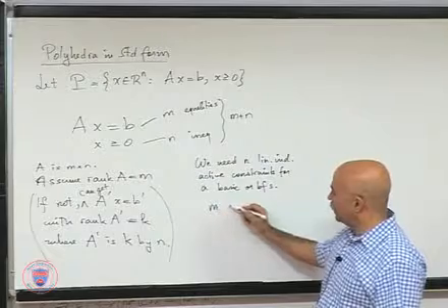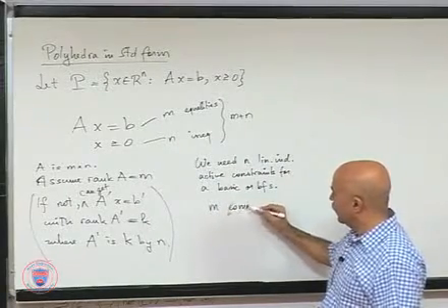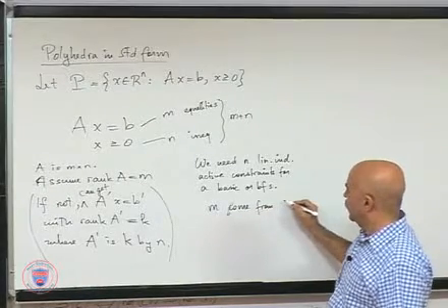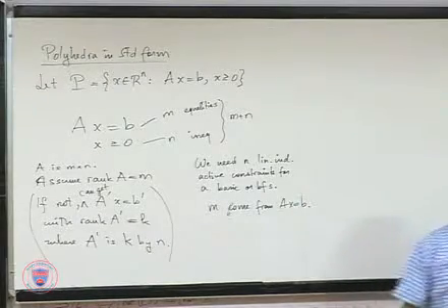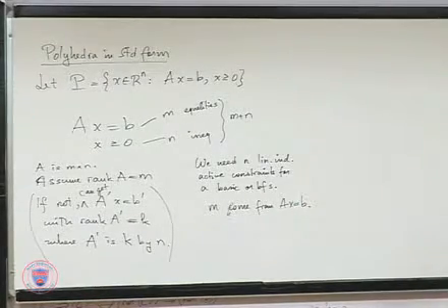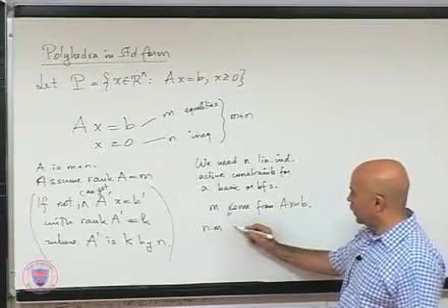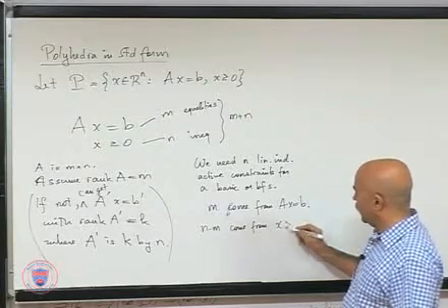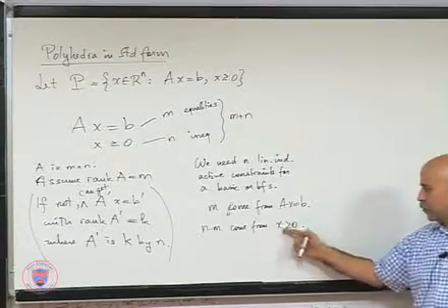So m of them come from Ax equals b; they must be in your active set. The remaining ones, n minus m, come from the non-negativity part.